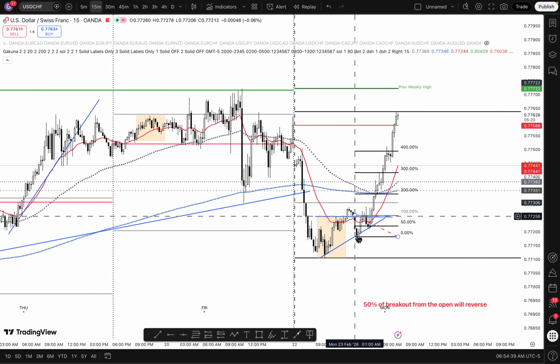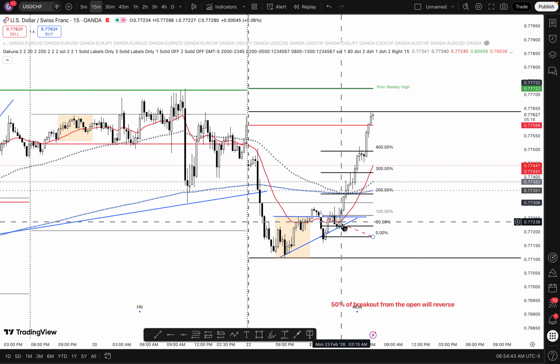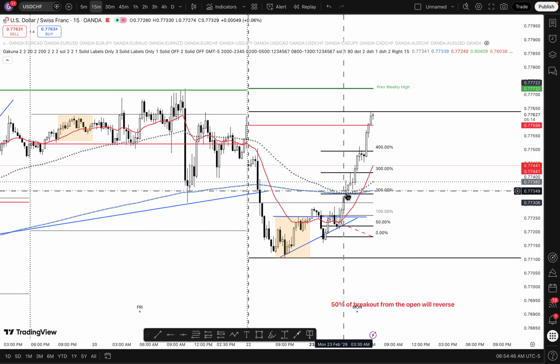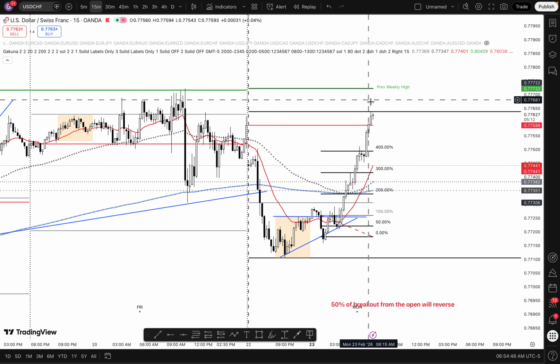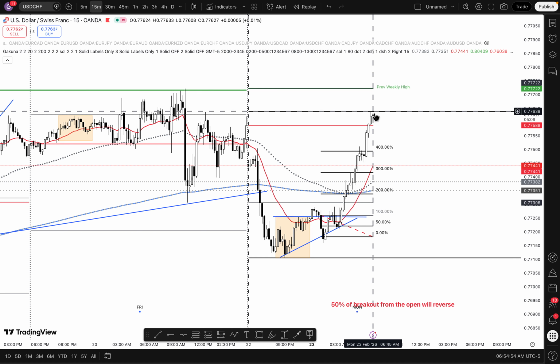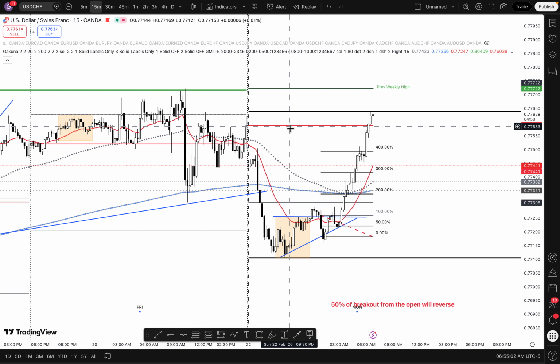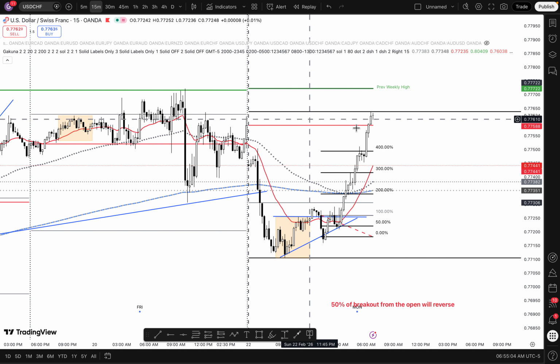So I was able to position myself here for a buy setup, for an opening range breakout trade that will move further to at least 400% expansion of that range. But it has gone above 400% and is probably targeting the previous weekly high. The market has gone back to take out the previous closing price on Friday, which is very good.